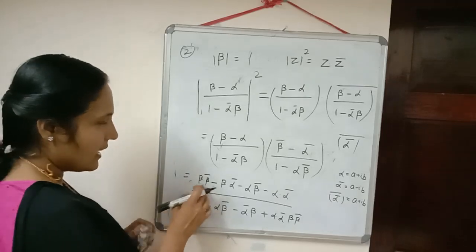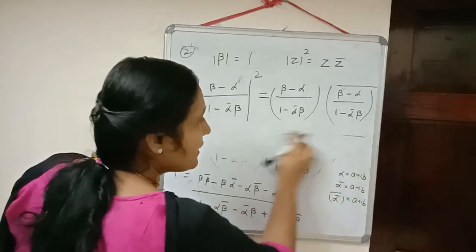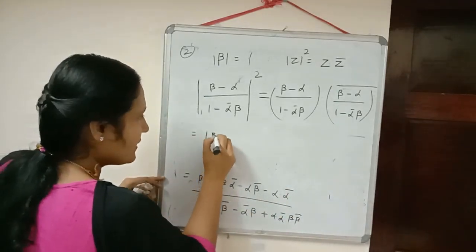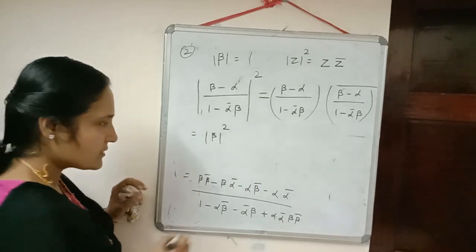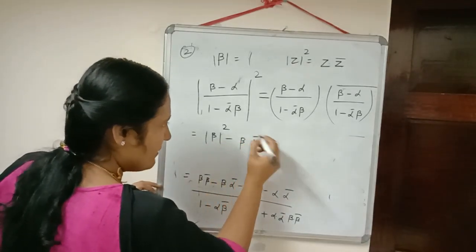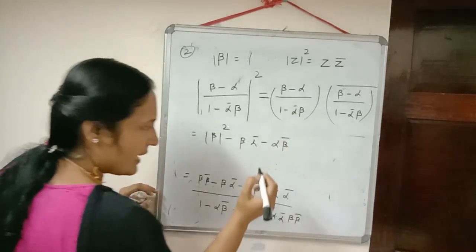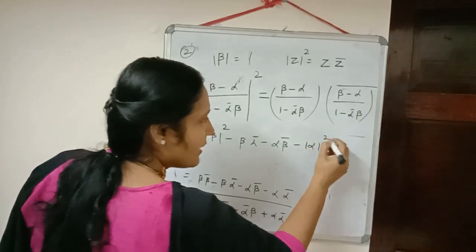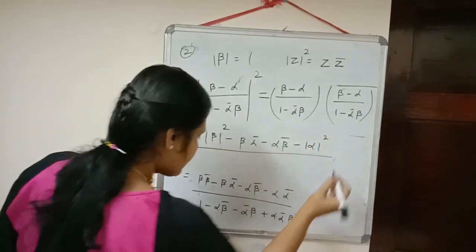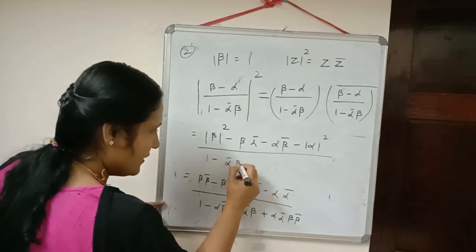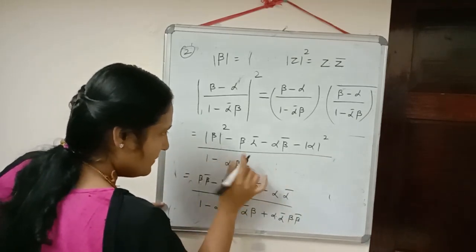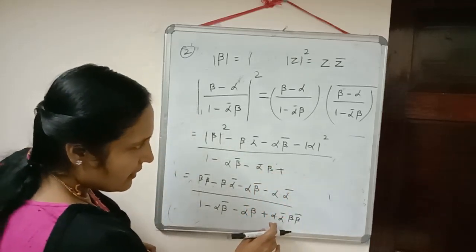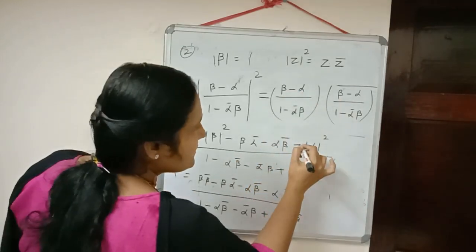So in the same way beta into beta bar will be equal to mod beta the whole square, minus beta into alpha bar as it is, alpha into beta bar as it is, minus alpha into alpha bar can be written as mod alpha the whole square, by 1 minus alpha bar into beta, alpha into beta bar minus alpha bar into beta plus, here minus into minus, here it is plus there.